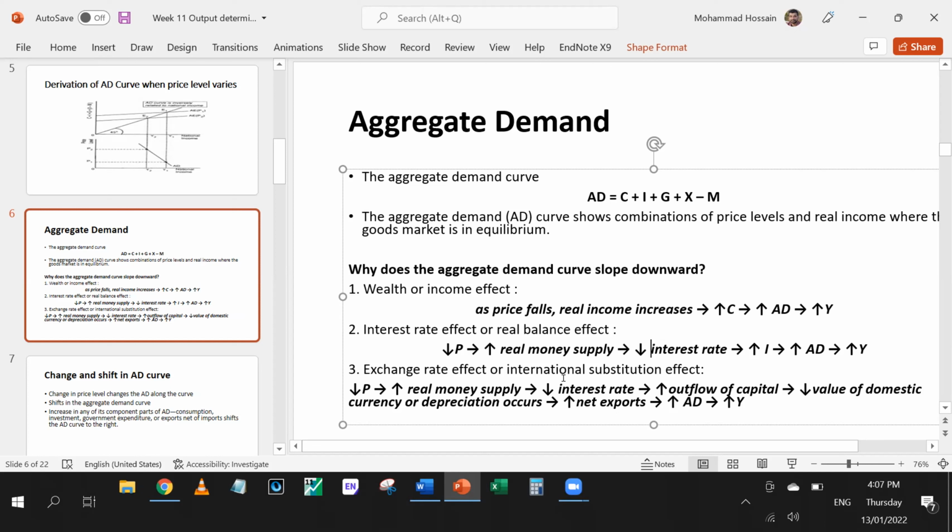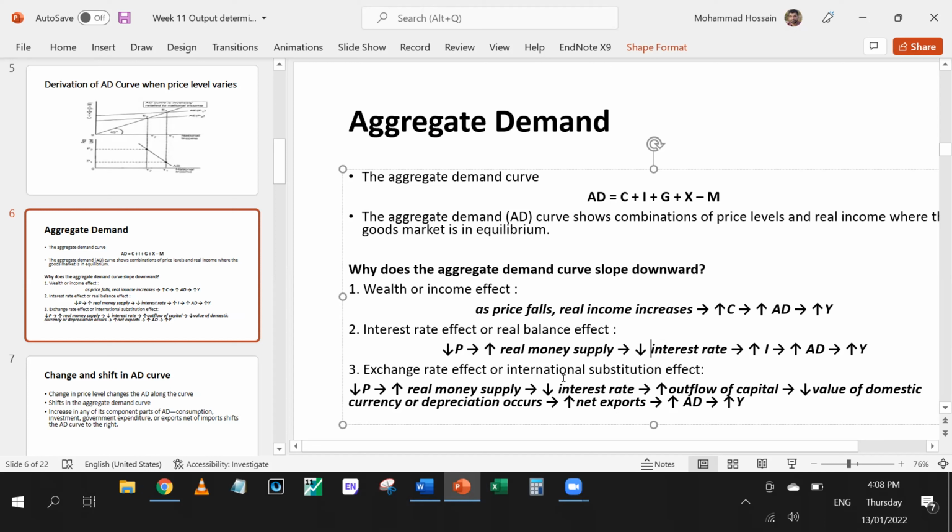Now, when it is depreciated, for example, for the same $10, the Chinese people do not have to pay 50 RMB anymore. Let's say they are paying 40 RMB, because of the exchange rate: $1 is now equal to 4 RMB, not 5 anymore. When it is 4, it means it has depreciated.